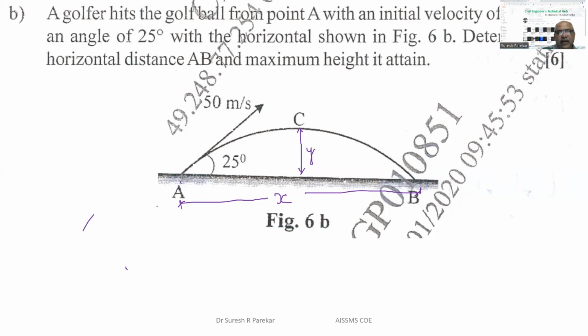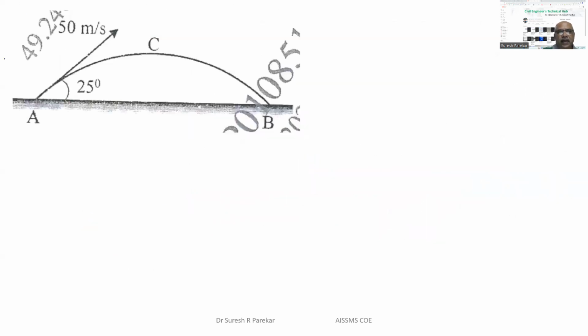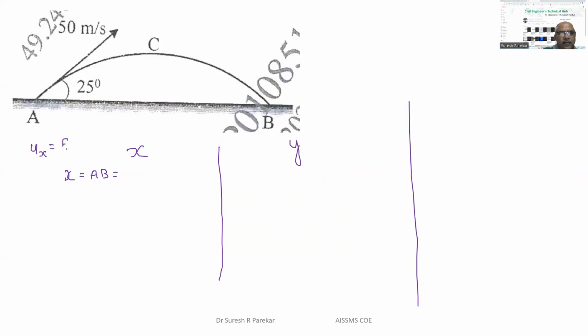So we have the given data. Here we have the diagram. So we have X, and then we have Y. Data related with X: we have AB, so X equal to AB equal to, and ux I will write, which is equal to 50 cos 25.